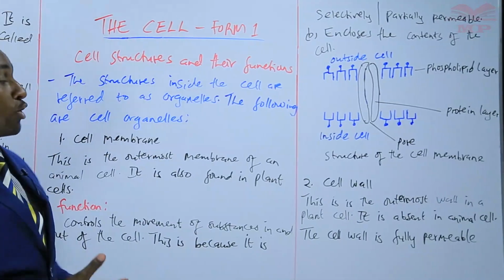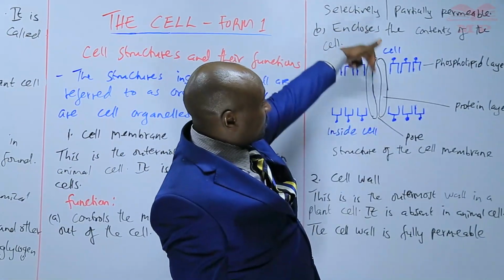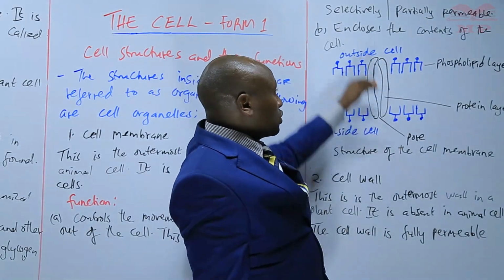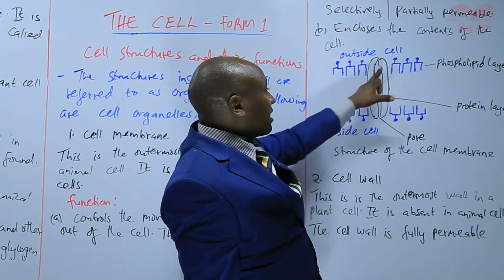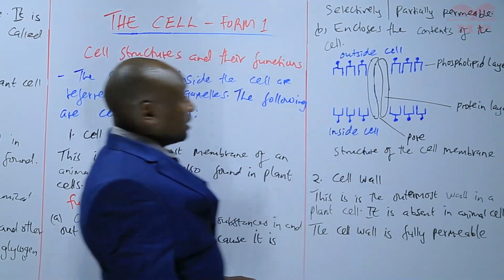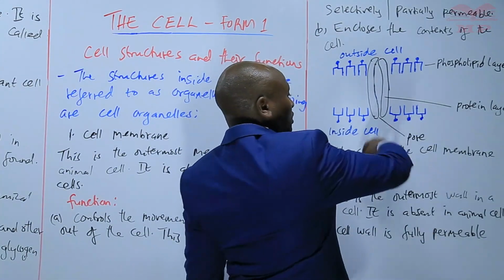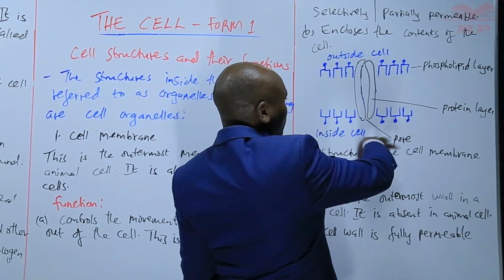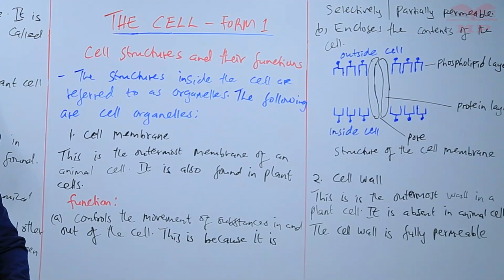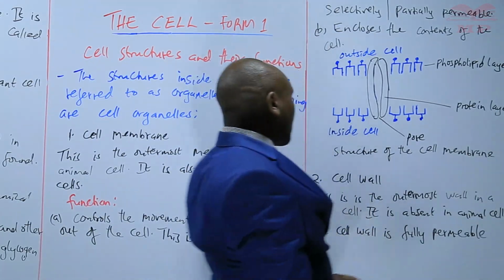So that means that it only allows some substances to get in, but not others. That's why it has the pore through which things can come from outside if they can fit through the pore and get inside the cell. It is also the one that encloses the contents of the cell. So the contents of the cell are on this side. This is the structure of the cell membrane.